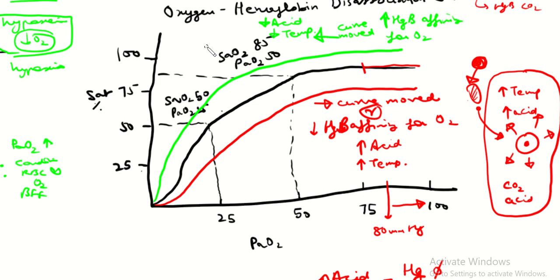If you look at it, when the curve moves to the right, say the partial pressure of my oxygen is 80. However, when I draw a little line here, I see my saturation is much lower.